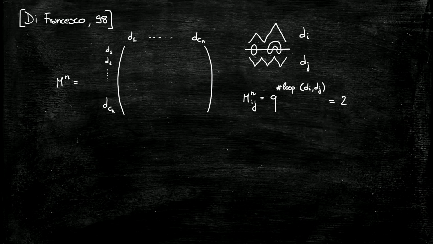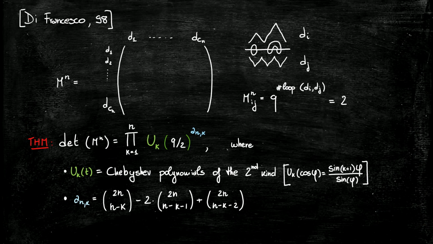So if di and dj are these two things, you put q to the 2, so typo. And what it shows is that the determinant of this matrix is very nice, in the sense it's just the product of certain Chebyshev polynomials raised to a linear combination of certain binomial coefficients.